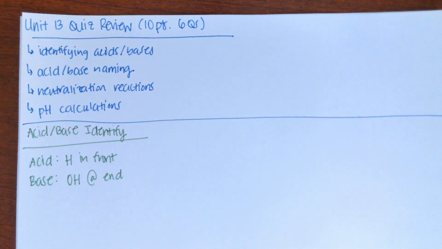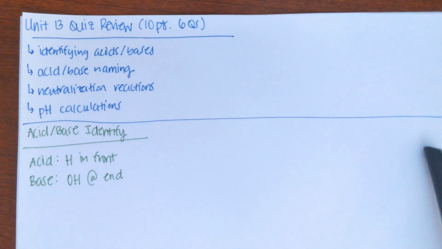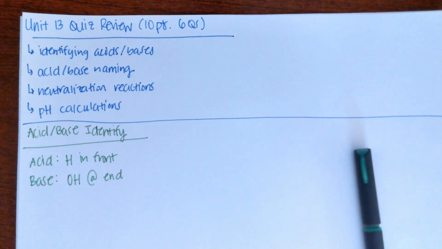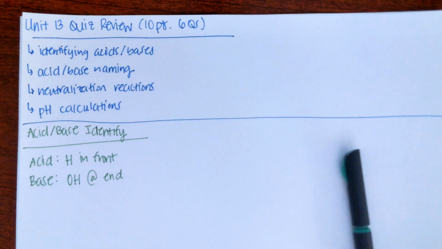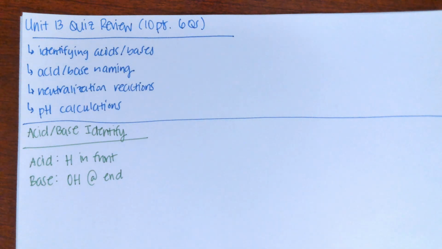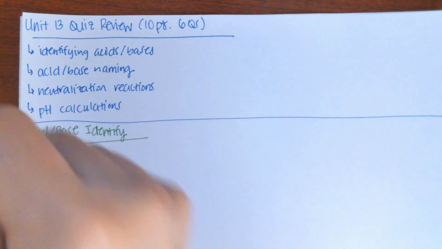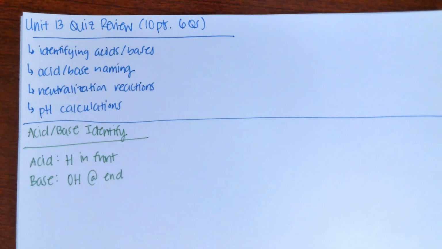HOH is water. And is water an acid or a base? So actually, fun fact with water, water can be both acid and a base depending on what it reacts with.